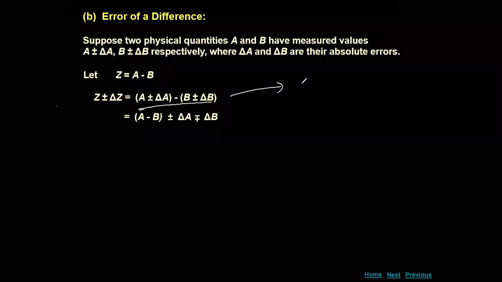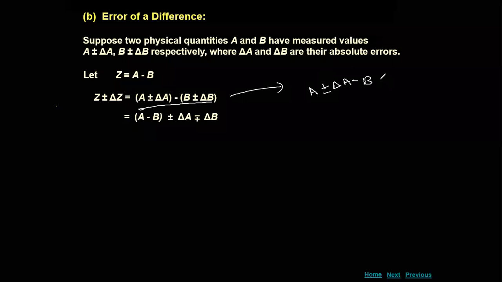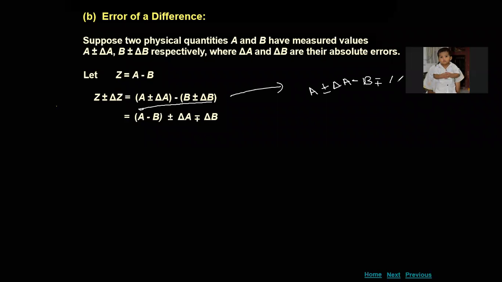Now A is there, plus or minus delta A is there, right? Next, that minus I am multiplying, minus B is there. Minus, if you multiply, plus or minus becomes minus or plus, and delta B will be there. Okay. Next, this I am writing on one more step.